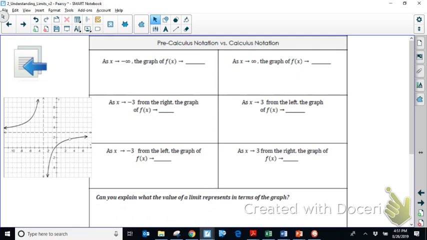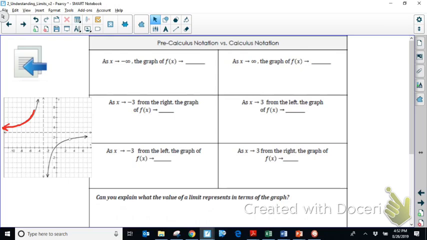Alright, hopefully you've gone ahead and paused the video and got your blanks filled in. So I'm starting with the top row, and it says as x approaches negative infinity, the graph is going to approach something. So if we look at the graph, as x goes towards negative infinity, we're going this way.